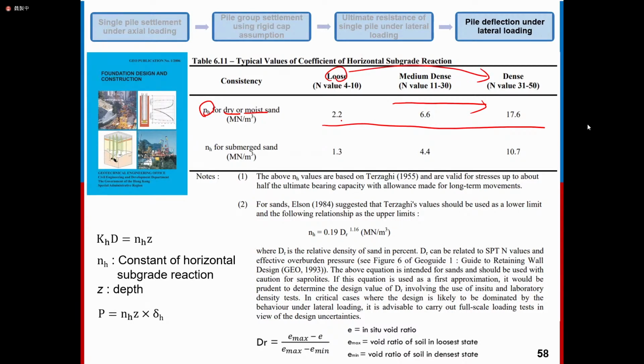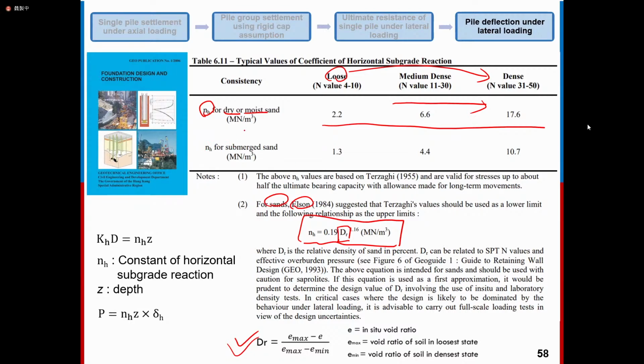The density can be defined by Dr, the relative density, which is a more scientific concept about density. You learned it before in soil mechanics, right? This researcher gives a very direct and simple relationship between NH and Dr, which we can directly use for sand.